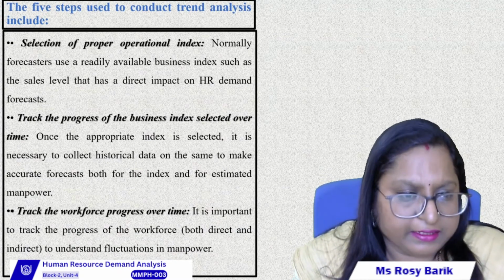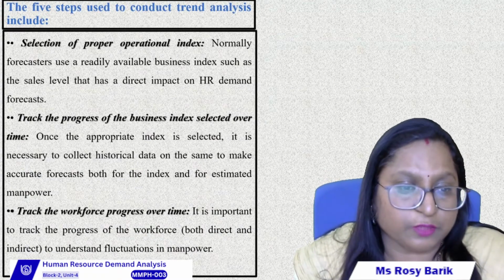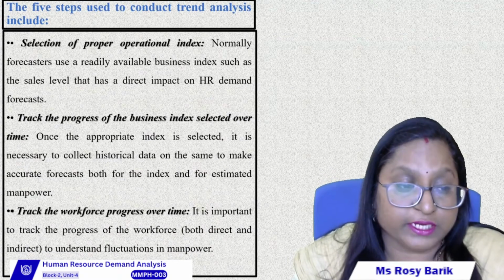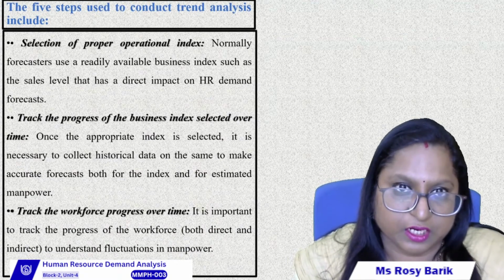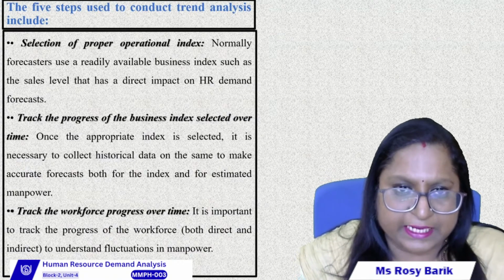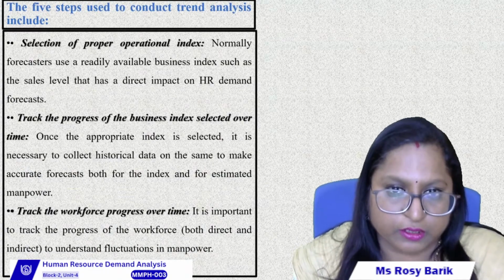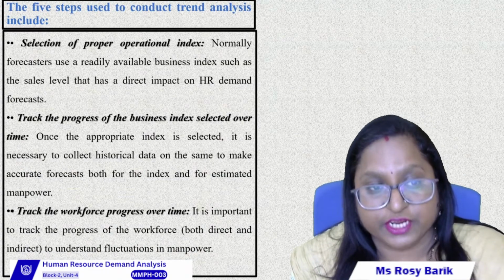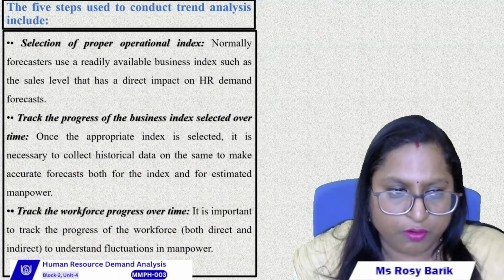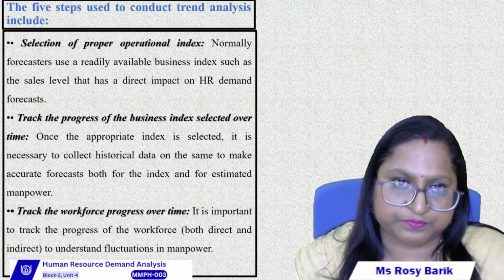Then track the workforce progress over time. It is most important to track the progress of workforce, both in direct and indirect method, to understand the fluctuation in manpower. It may fluctuate from year to year or from historical data to current data. So we have to track the workforce progress over time.